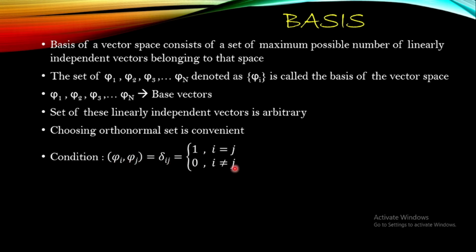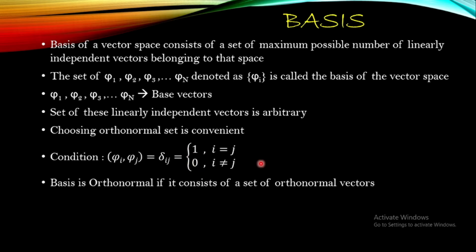So we can say that a set of vectors is called orthonormal when every vector is normalized to 1 and for every two different vectors their inner product is 0. And the basis is said to be orthonormal if it consists of a set of orthonormal vectors.